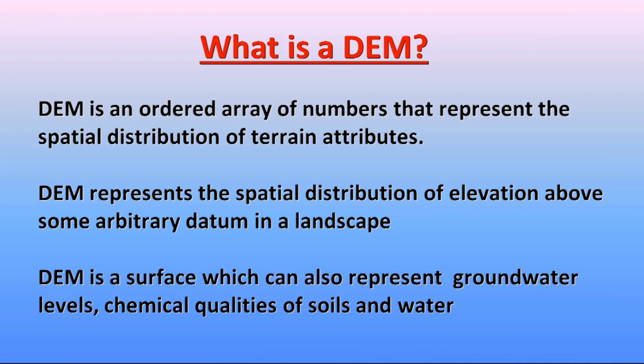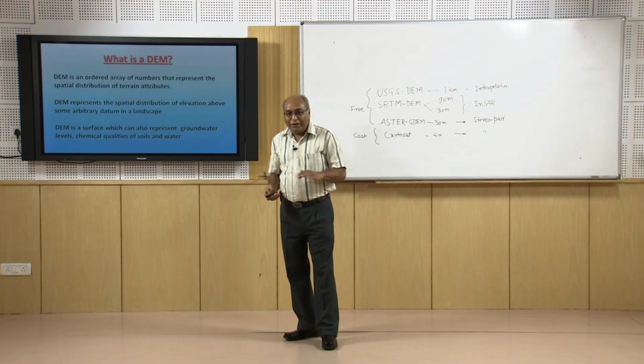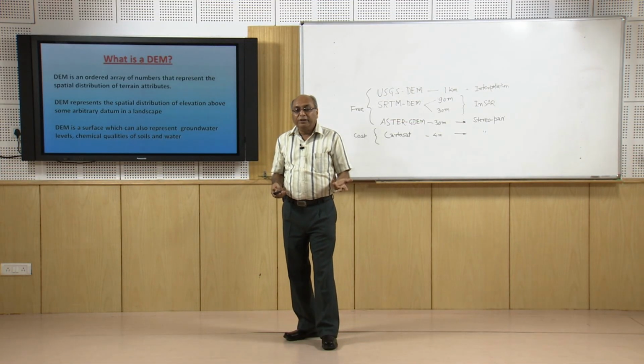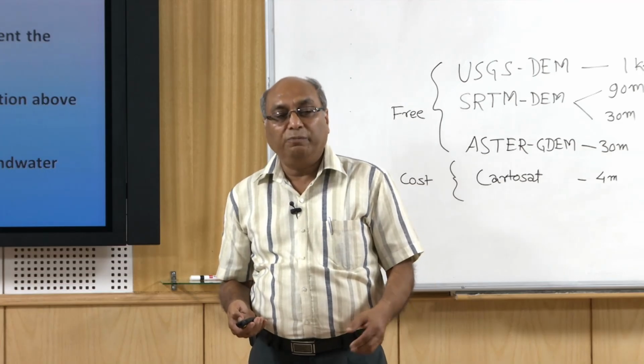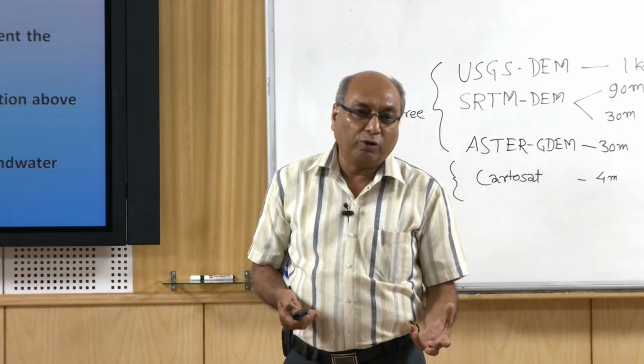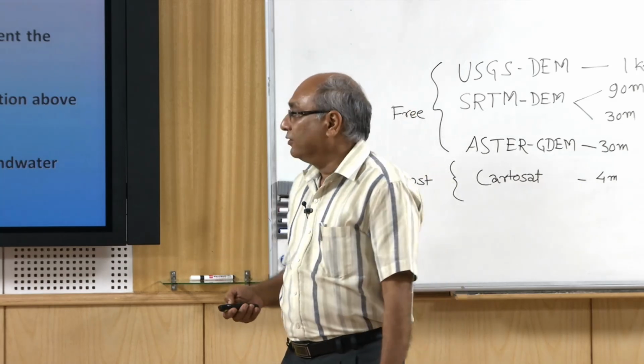Generally we represent above mean sea level, and a DEM is a surface which can represent maybe groundwater, maybe chemical qualities of soils, water, whatever phenomena varies with distance can be represented using the same concept. We may not call it a digital elevation model, we may call it a simple surface.